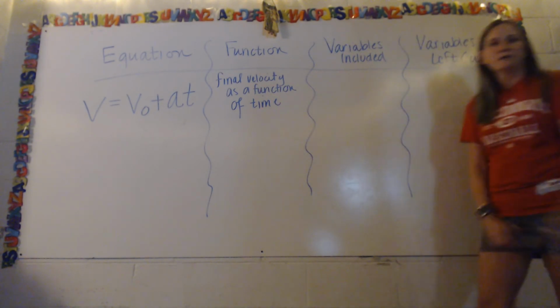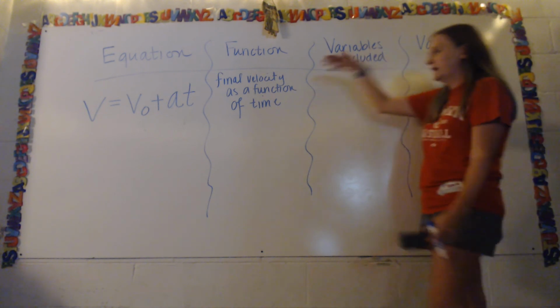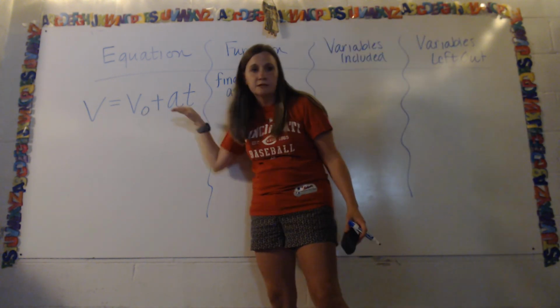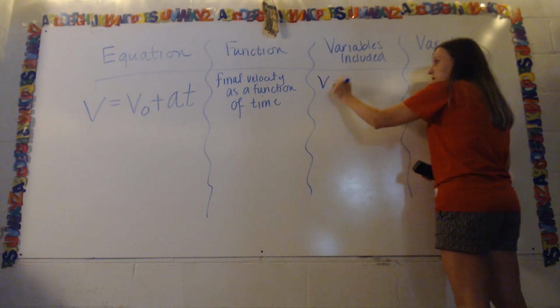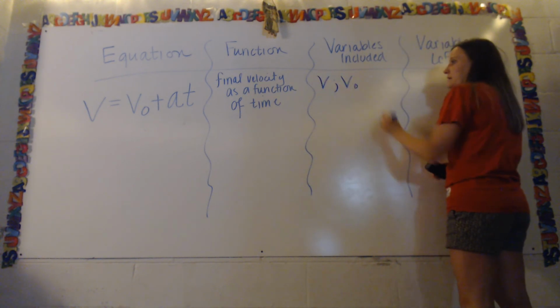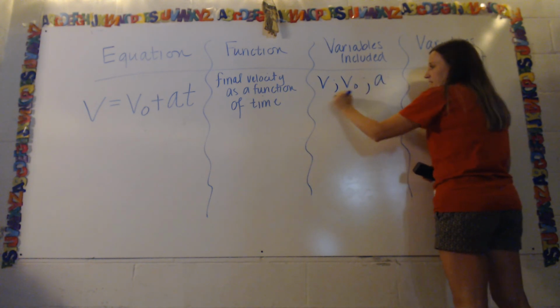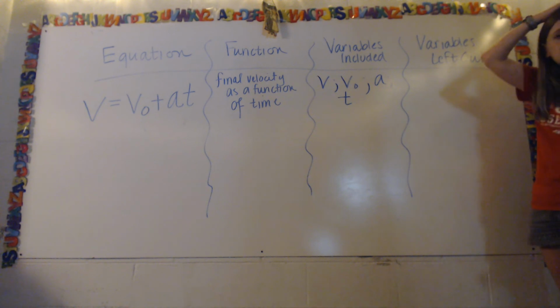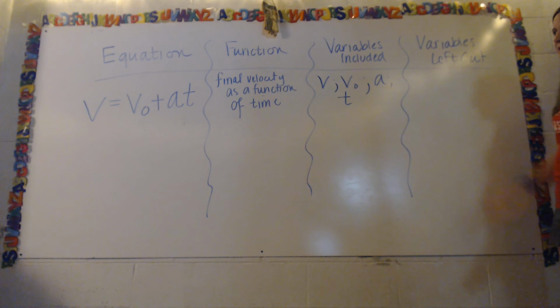It tells me the final velocity of an object as a function of time. Variables included, I mean, seriously, what variables are in this equation? My final velocity is in that equation. My initial velocity is in that equation. My acceleration is in that equation. My time is in that equation. I'm going to leave this one until I get all 3. So we'll come back to the final column last.